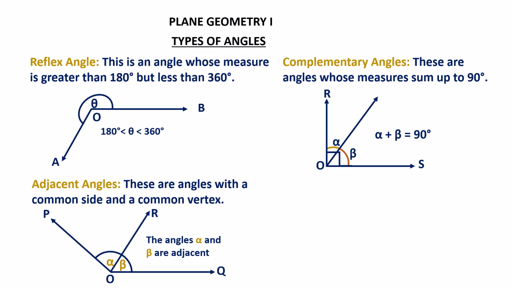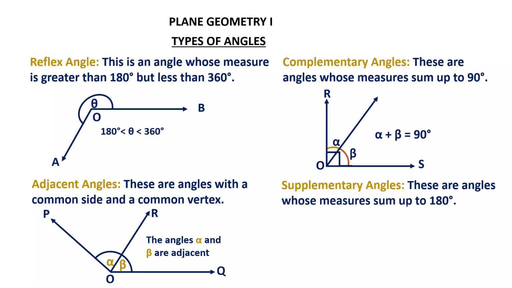Next, we want to consider supplementary angles. Here, the sum of these angles is always 180 degrees. So as you can see in the diagram again, the angles alpha and beta, when you sum them and you get 180, then you can say that they are supplementary angles.